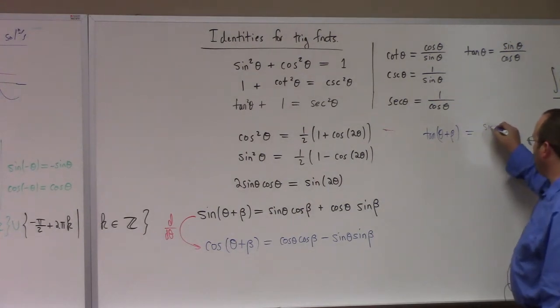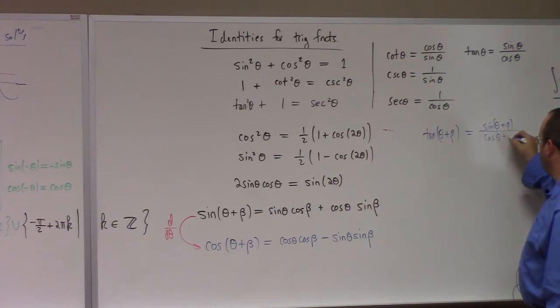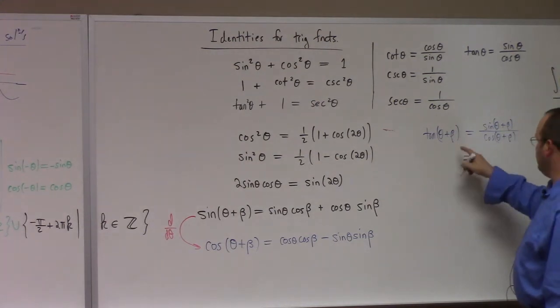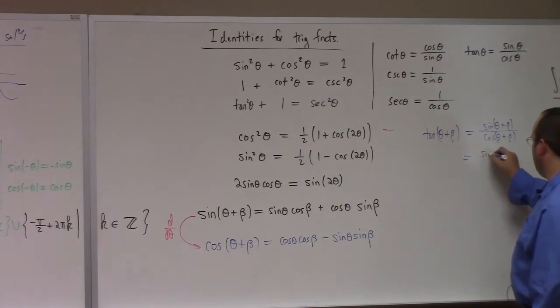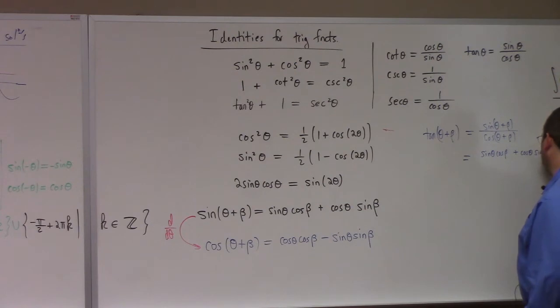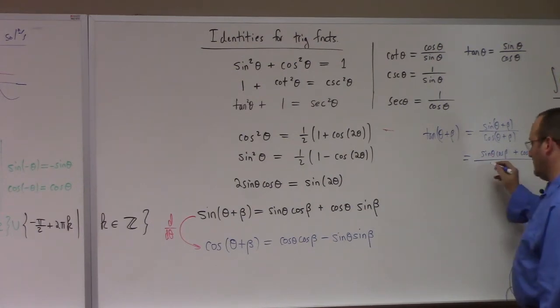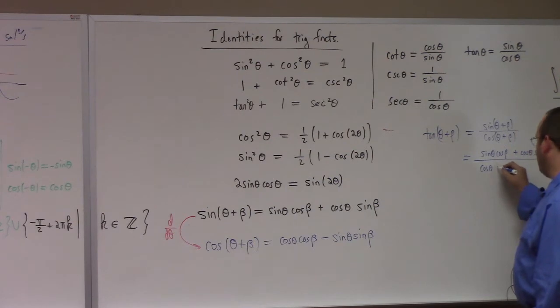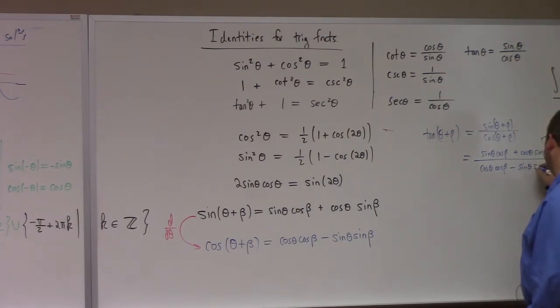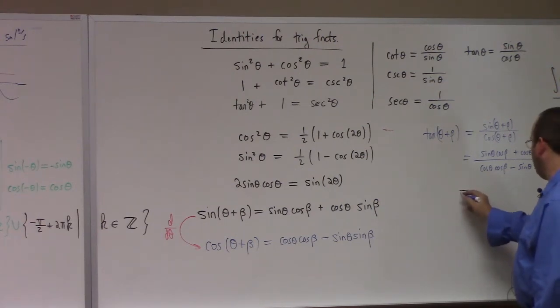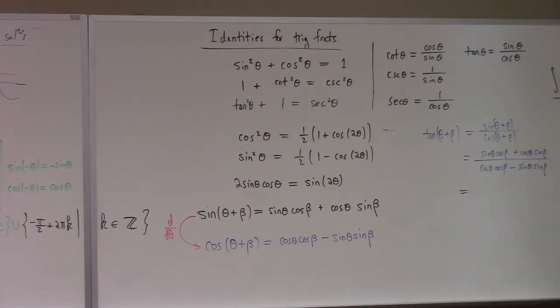So this would be sine theta plus beta divided by the cosine of theta plus beta, which is sine theta cosine beta plus cosine theta sine beta divided by cosine theta cosine beta minus sine theta sine beta. All right, at this point, I want a formula that's just in terms of tangents. How do I make those into tangents? Tangent theta, tangent beta is what I'm after.